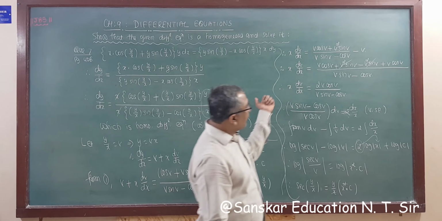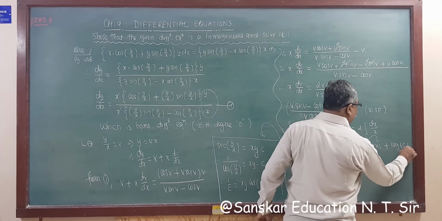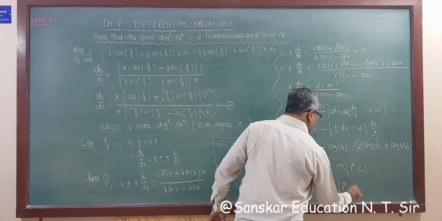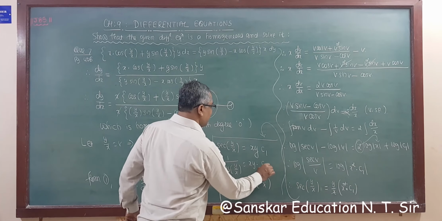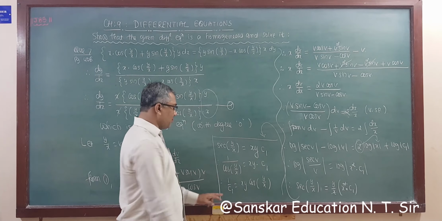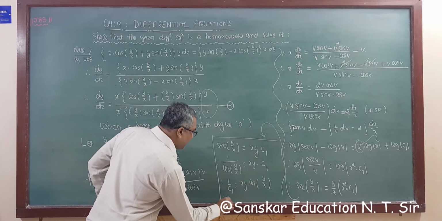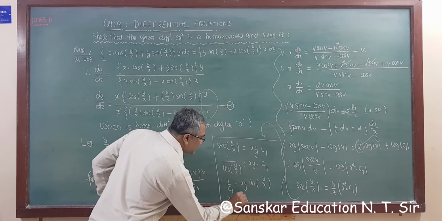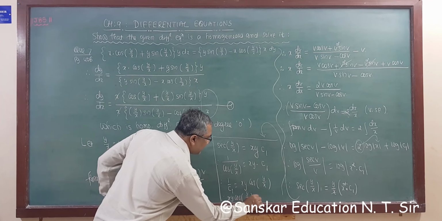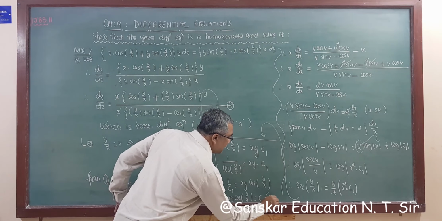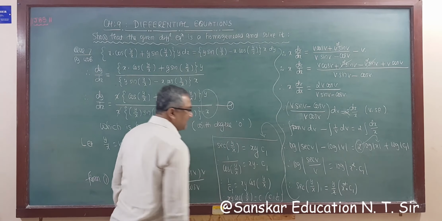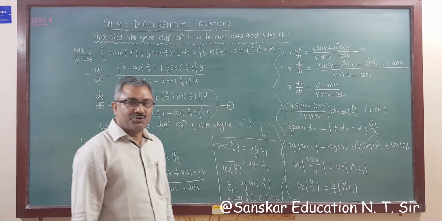Either you can put c1 here, and put c here. So what you get? xy cos y by x is equal to c, where c is equal to 1 upon c1. That is your required general solution, right?